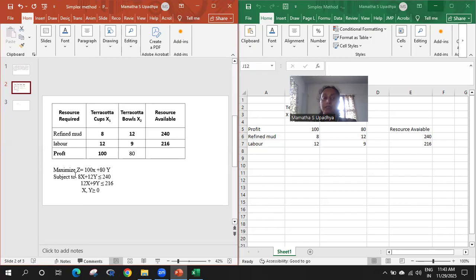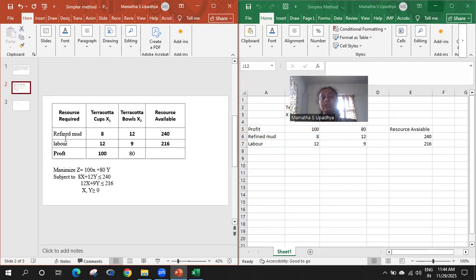Since we want to maximize the profit, let us write maximize Z is equal to. Before that, let us consider 1 unit of the terracotta cup as X and 1 unit of the terracotta bowl as either X2 or Y. Hence our function will be maximize Z is equal to 100X plus 80Y, since 1 unit of the terracotta cup gives a profit of 100, so X cups give a profit of 100 into X, and similarly 80Y.